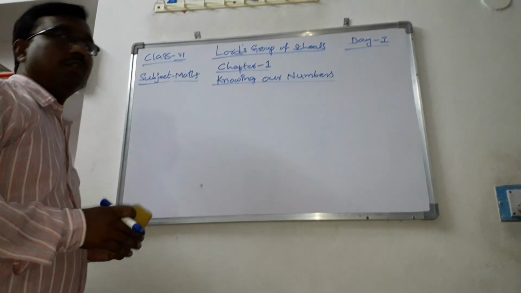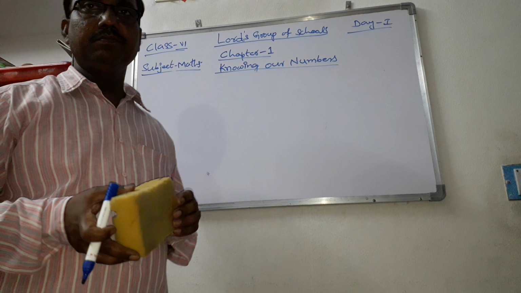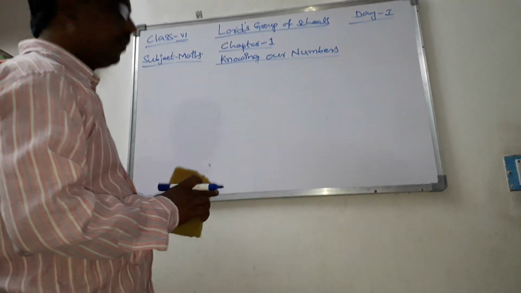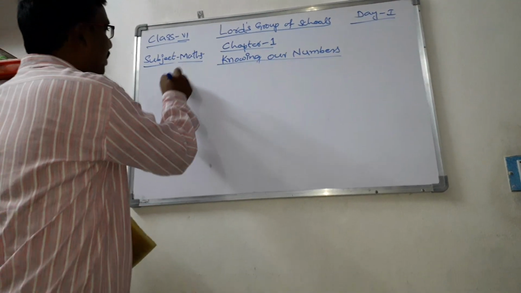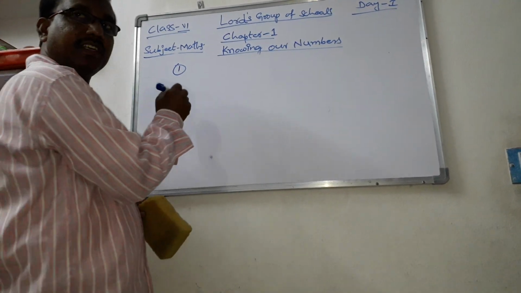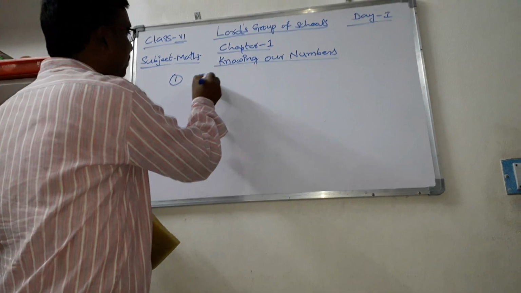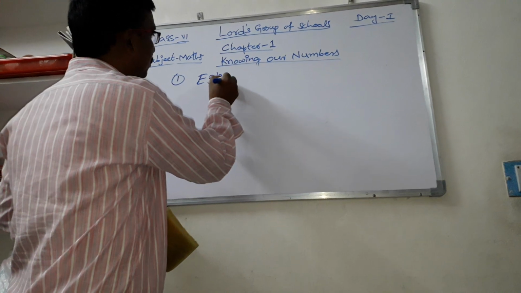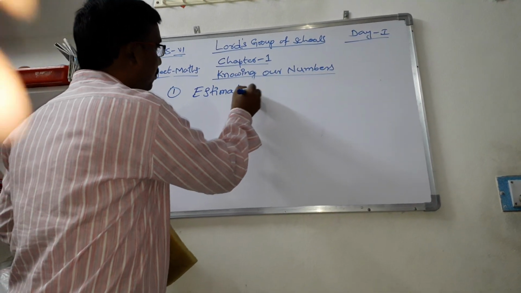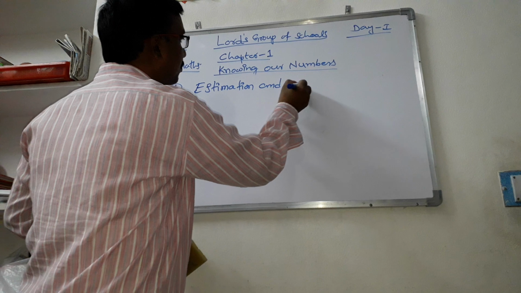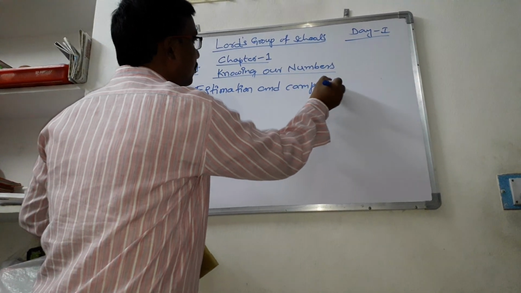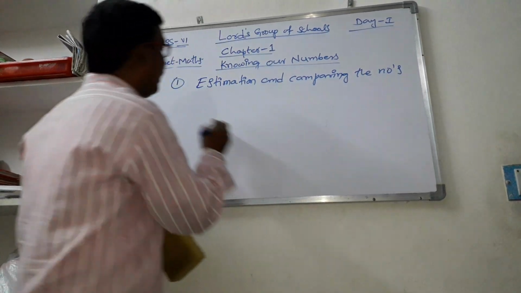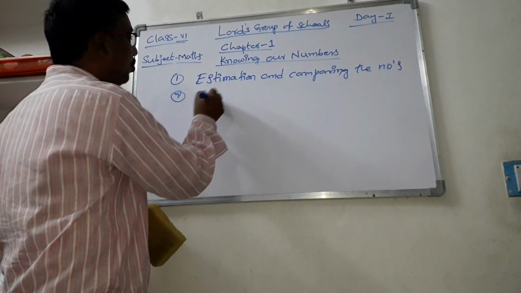Today we are going to learn about numbers and number system. In the first chapter, knowing our numbers, we are going to learn these topics. First one is estimating and comparing the numbers. And the next topic is estimation and rounding off the numbers.